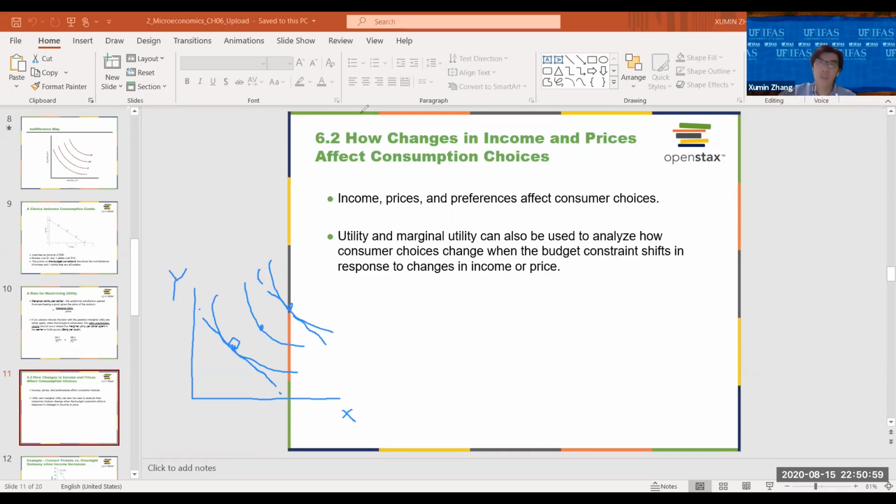It's an increase of income. It can also be the price change of one good. This is not a shifting, it's a rotating of this budget constraint line. Okay, so it's about the straight line. In this case, the indifference curve is fixed, it's given, but we change the budget constraint line, which is the straight line in this case.